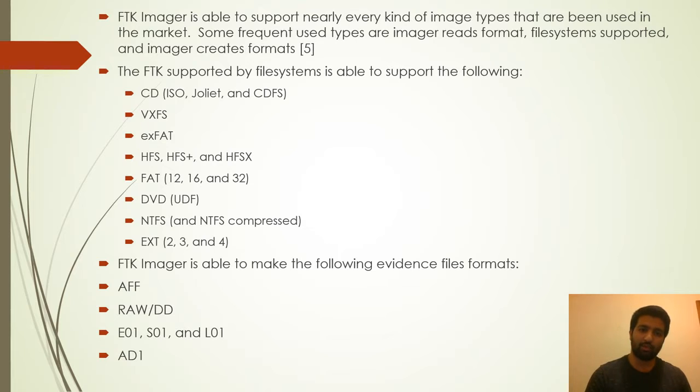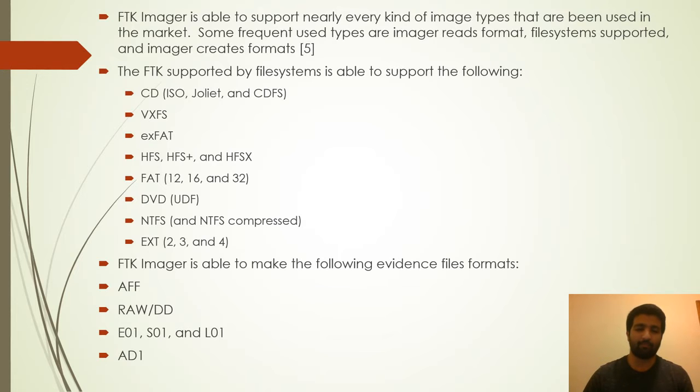On the other hand, the file systems supported by FTK are CD drive, exFAT, HFS, FAT 12, 16, and 32, DVD, NTFS, and ext. Like FTK Imager is able to make the following evidence file formats: AFF, RAW, DD, E01, like S01 and L01, ADI.